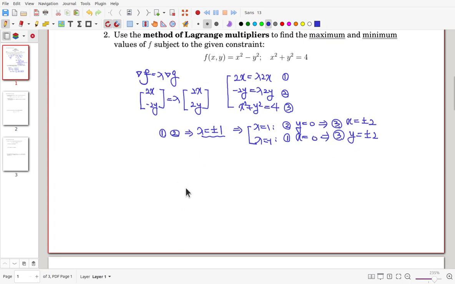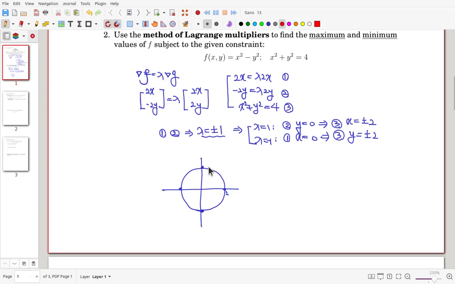Now it's a circle of radius 2, that is the constraint. Y equals 0 and x plus minus 2, this point, that point. Now x is 0, then y is plus minus 2. At these 4 points, you have to get the values of f.